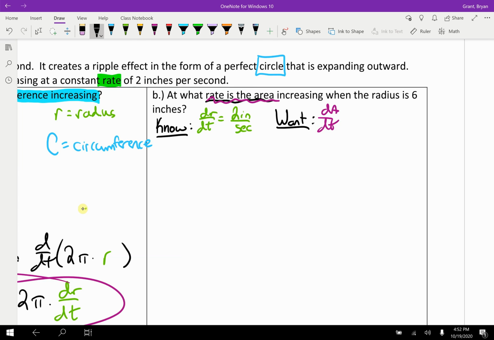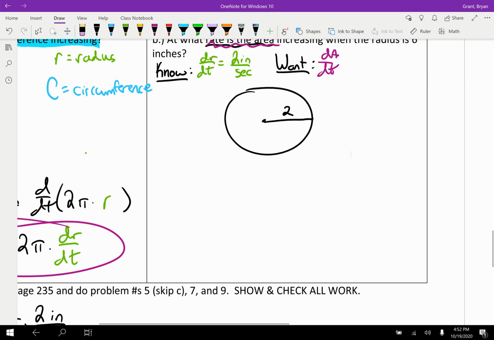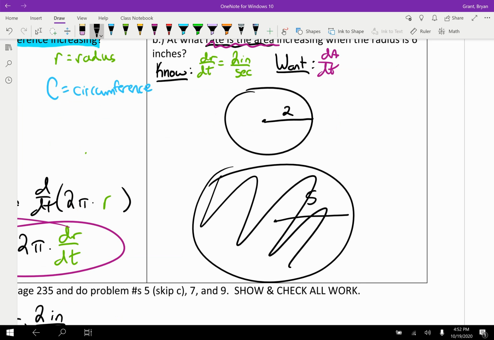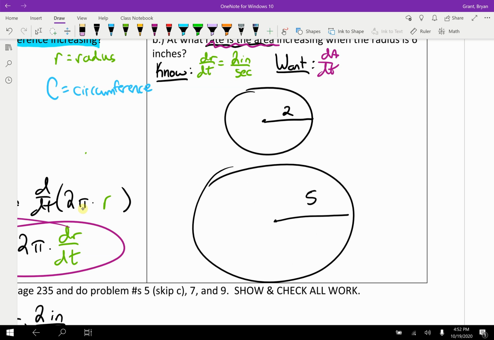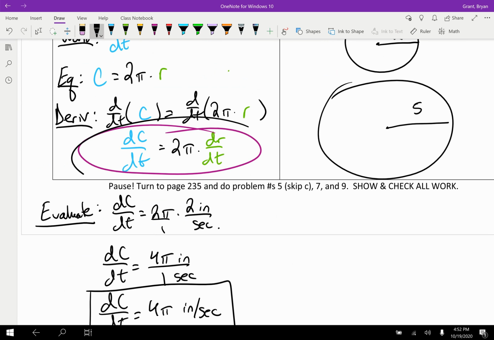It's basically saying that when you have a circle, and I'm going to erase this so don't stress, if you have a circle when the radius is 2, the area itself is changing at one speed. But then if you had a circle with a radius of 5, the area is changing at a different speed. It's probably going to be picking up, but that would be my guess. So the area changes at different speeds, and so you're not going to get a constant answer.